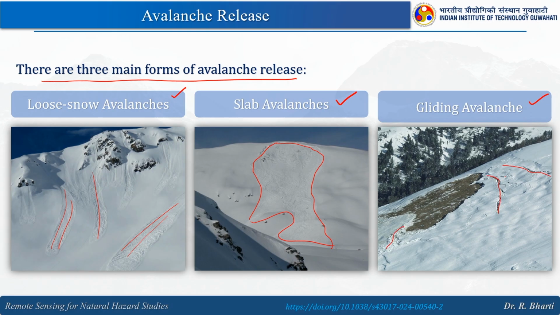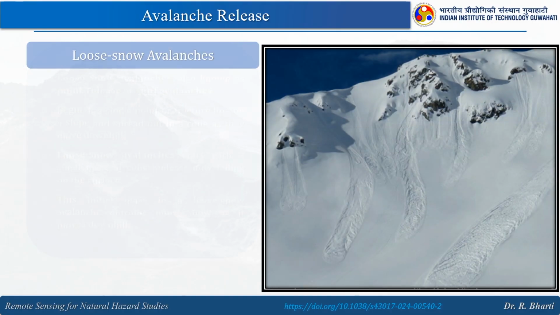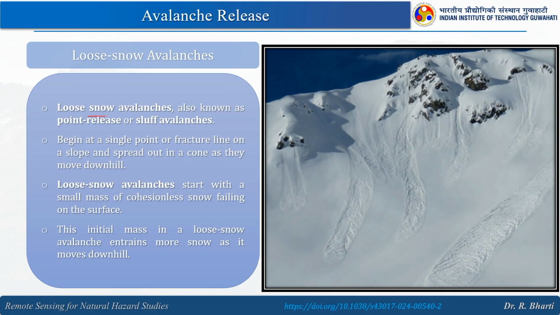There are multiple fractures available here and they are causing this. The loose snow avalanche, also known as point release or slough avalanche, begins at a single point or fracture line on a slope and spreads out in a cone as it moves downhill. So, they are moving down the hill.